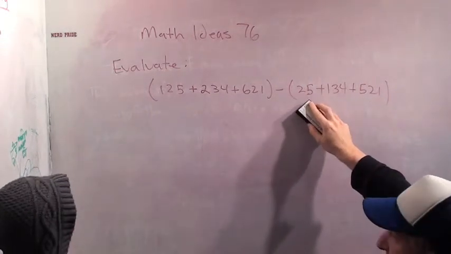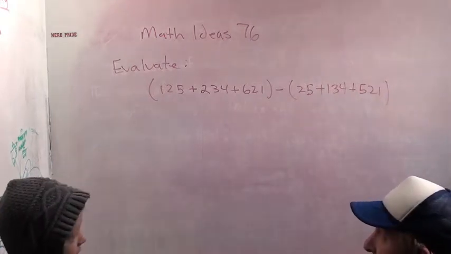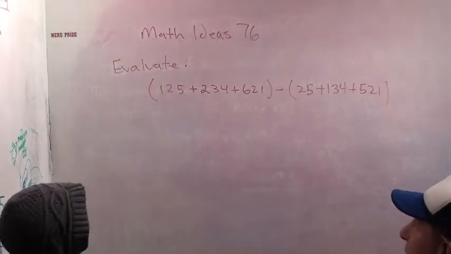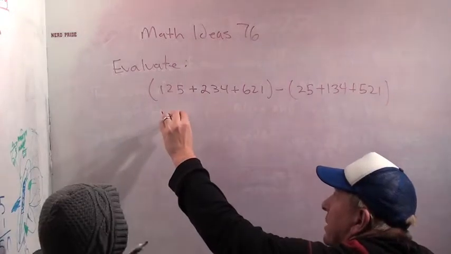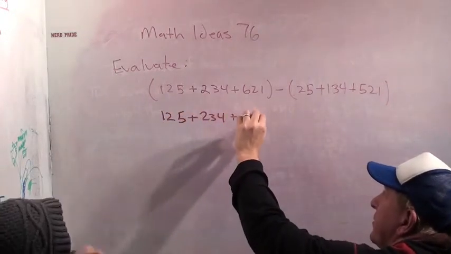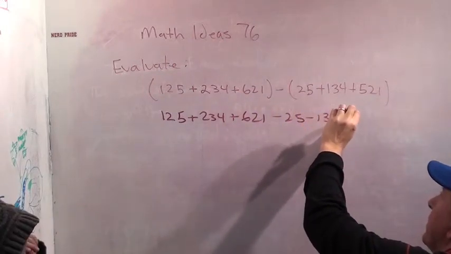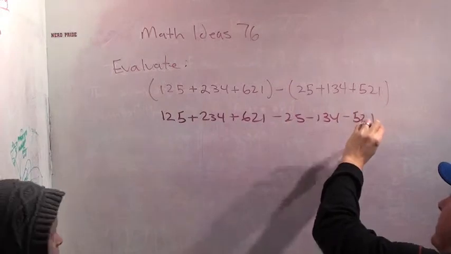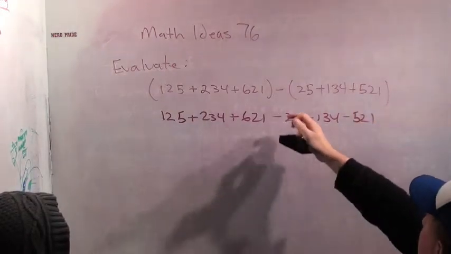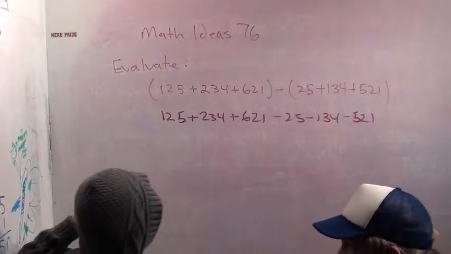So the minus sign goes into the parentheses, and when it does, it touches everything. So this is going to look like 125 plus 234 plus 621 minus 25 minus 134 minus 521. That's called distributing the minus sign in. And now we can regroup just like you were doing.